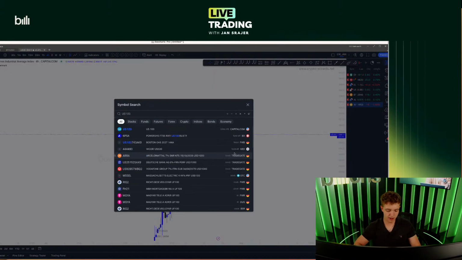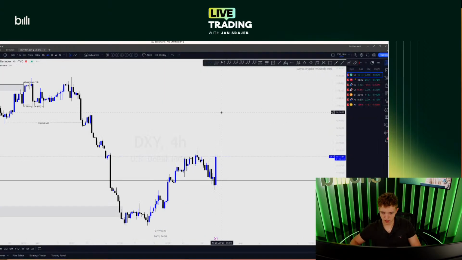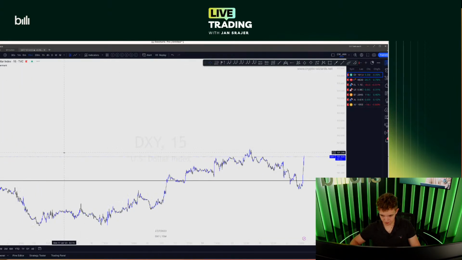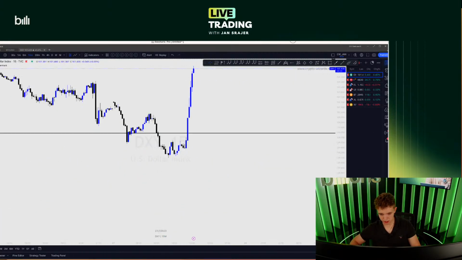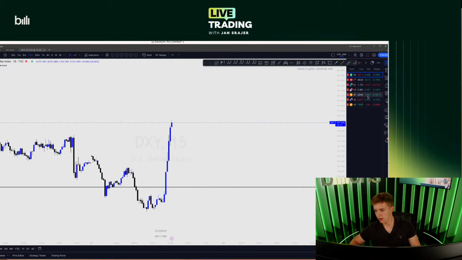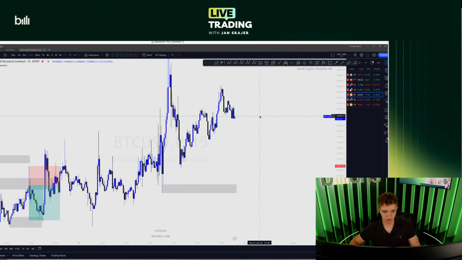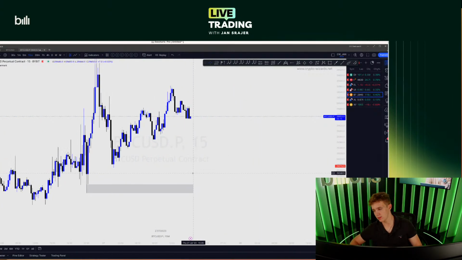I know how it's affecting the XY, so the XY should obviously be pumping heavily to the upside, which is, as you can see. I'm charting the XY from time to time. The XY changed basically every single market structure that is created here. But let me tell you one thing, BTC is not affected at all. I will take you through the BTC chart, what I'm expecting and so on.